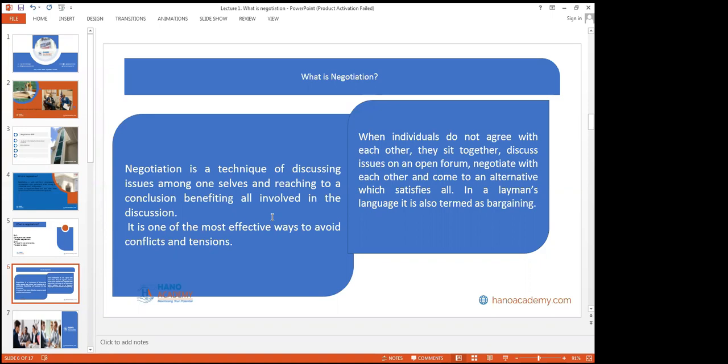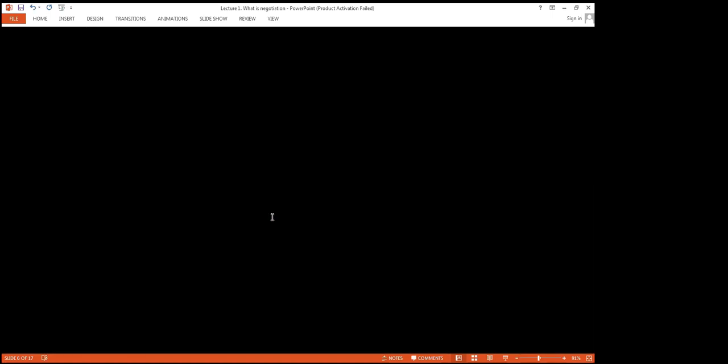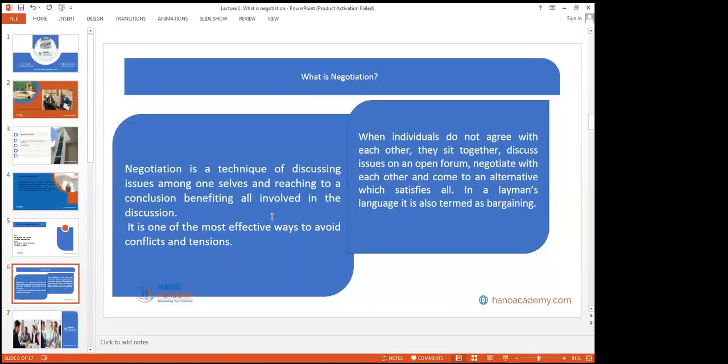So majorly, negotiation is not about benefiting one party or one group. Negotiation is about benefiting all individuals that are taking part in the process of negotiation.